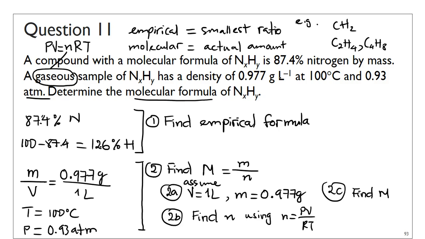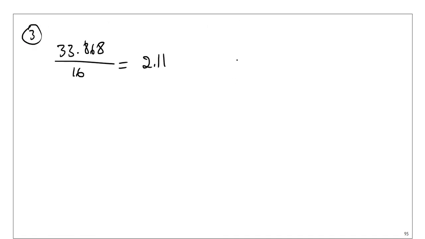One of the things that you guys need to really keep in mind is that you're not going to get a perfect ratio most of the time, because when you measure quantities, the values are not exact. So I'm going to go with 2, which is approximately 2.